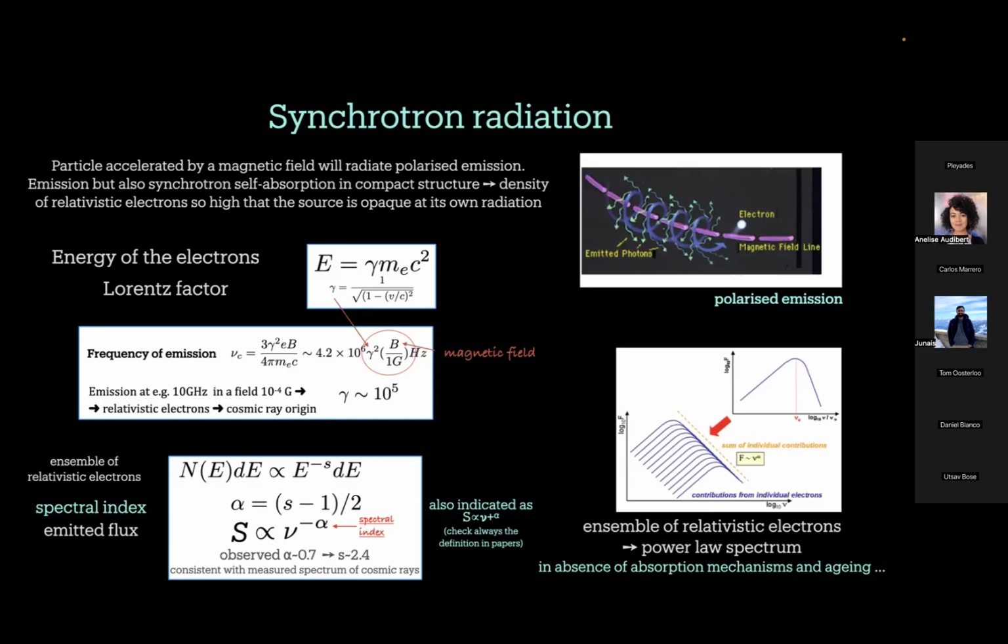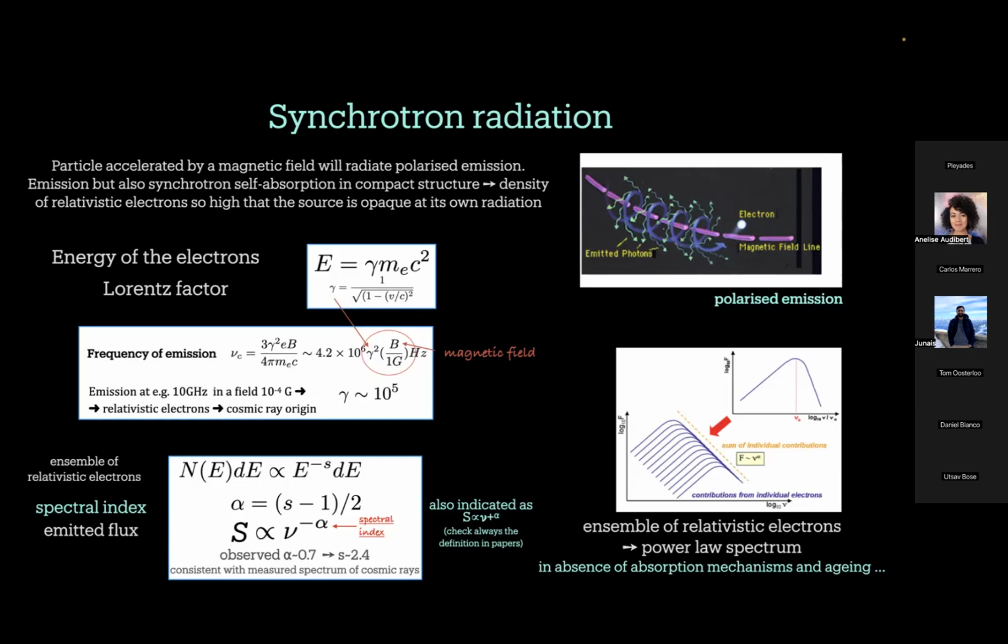Just pay attention in the paper, whatever you read, whether it's minus alpha or plus alpha, because different communities tend to use different conventions. Okay, so it's very confusing, but I'm sure you can cope with that, but just pay attention. And so a typical spectral index that you find is 0.7. So the slope of the power law in a log plot.